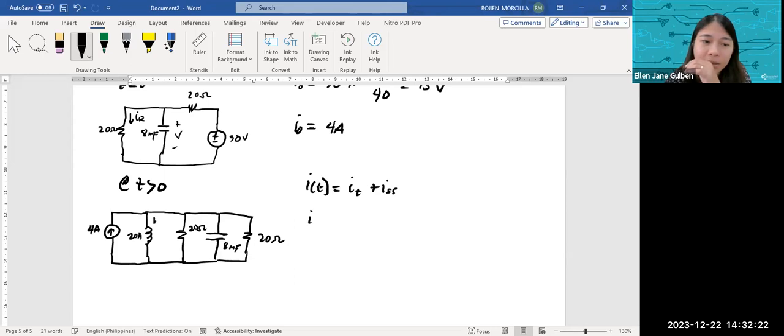So we have here our I. This is our I. I of t is equal to the parallel RLC circuit. Let us check the value of that.